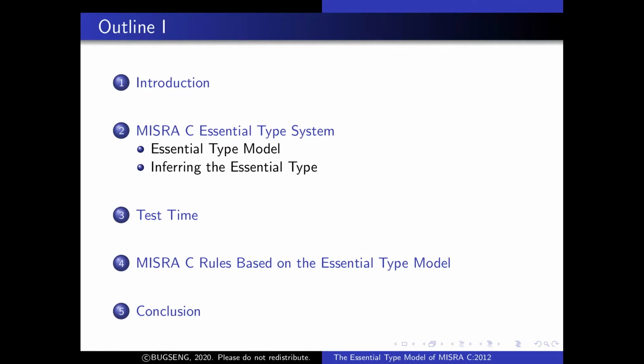First, I will explain the essential type model, and then I will explain how to infer the essential type. And there will be a little test, a completely anonymous test, to which you are welcome to participate, about inference of the essential type. Then I will go through the MISRA rules that are based on the essential type model, and then I will draw some conclusions.